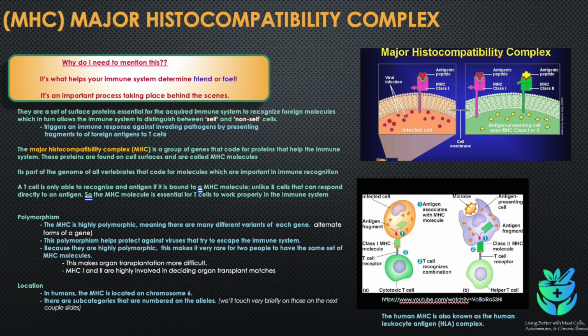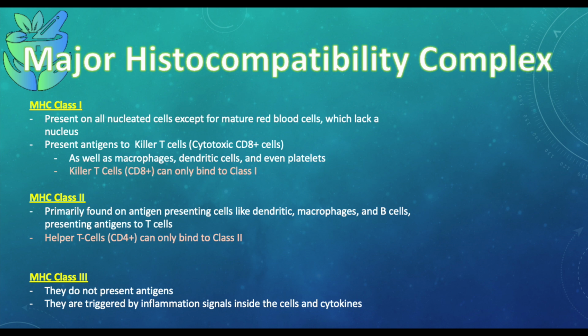There is also another name for the major histocompatibility complex. It's the human leukocyte antigen. That's the HLA. And some of you may be aware of exactly what that is with your health conditions. And we'll be discussing a little bit about that shortly. There are actually 3 classes of the major histocompatibility complex.